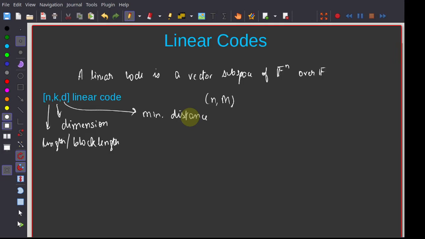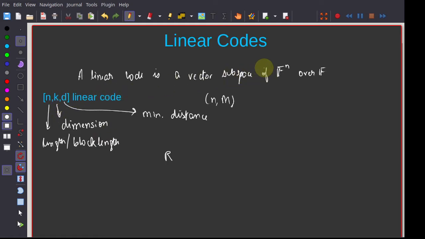So for a linear code, what is the rate equal to? Suppose we have a linear code over F2.